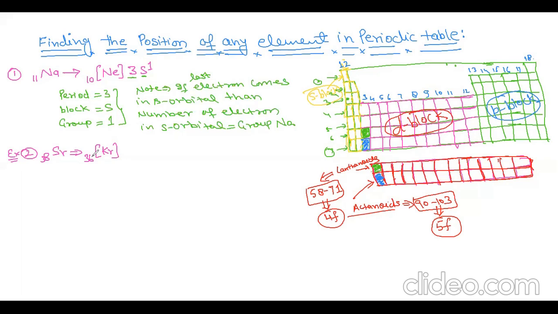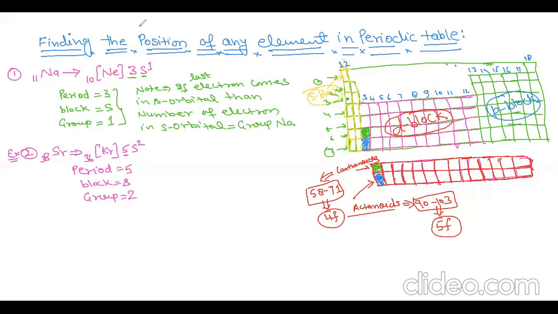After that, 5s2. Now here the largest number is 5, so period equal to 5, block is equal to S, and then group equal to the number of electrons in S, that is 2.